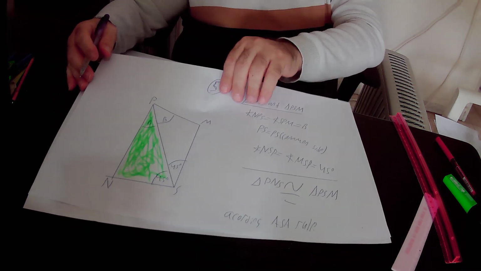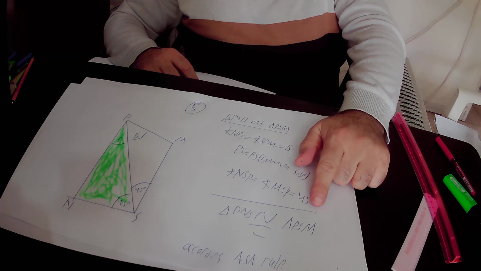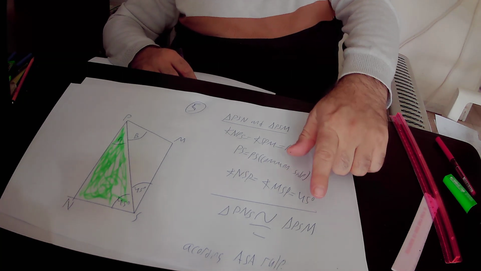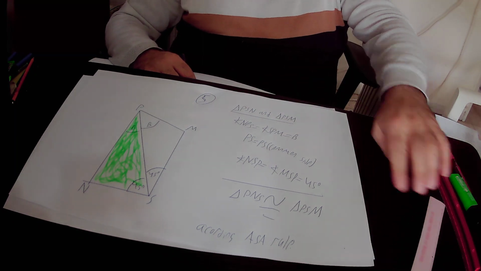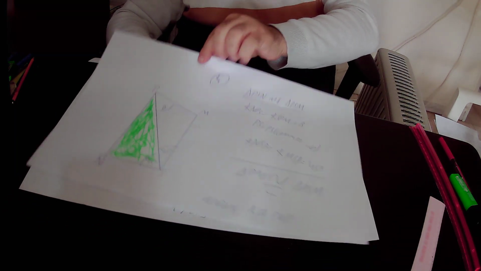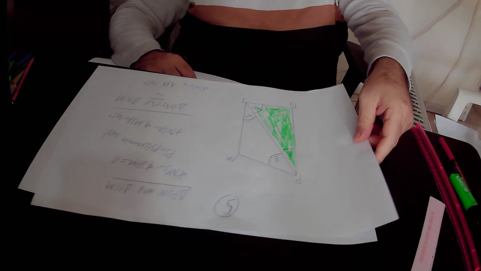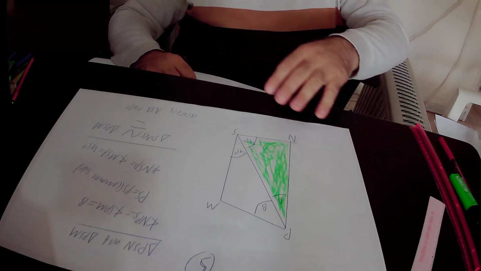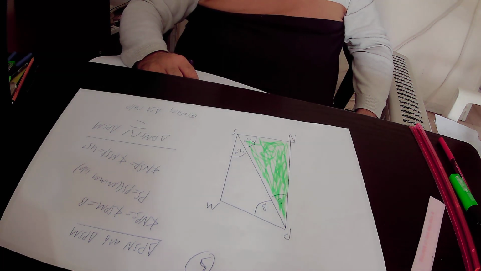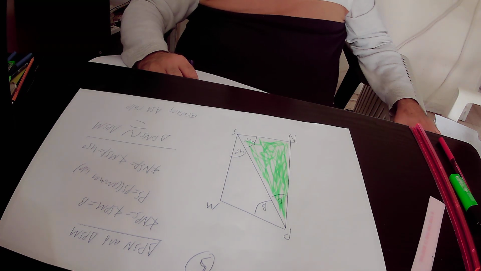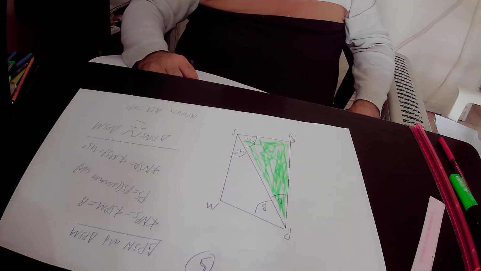The green triangle, triangle PNS, is congruent to the white triangle, triangle PSM, according to the angle side angle rule. So what is the angle side angle rule? The angle side angle rule is that if you prove that two angles and the side included between them in one triangle are congruent to two angles and the side included in another triangle, then you prove that those two triangles are congruent to each other according to the angle side angle rule.